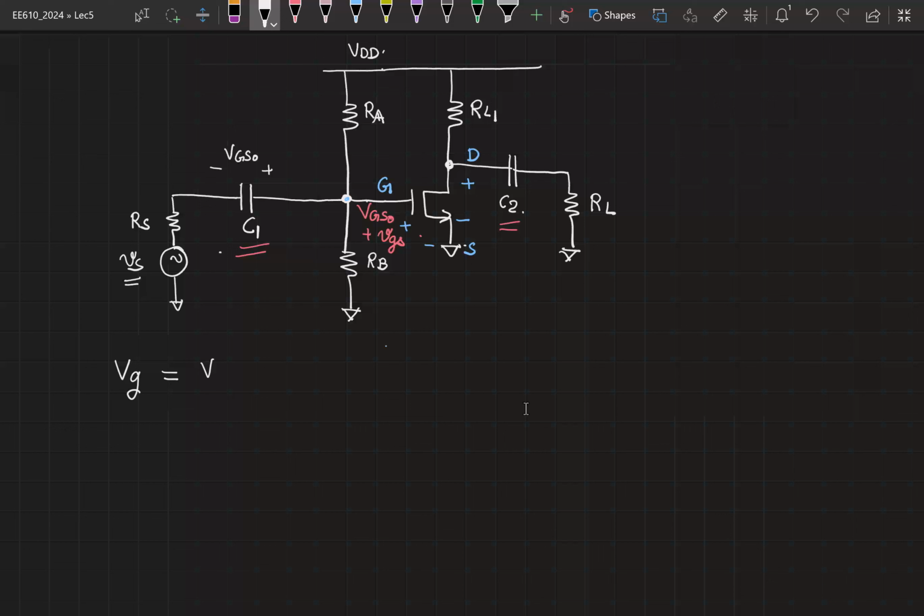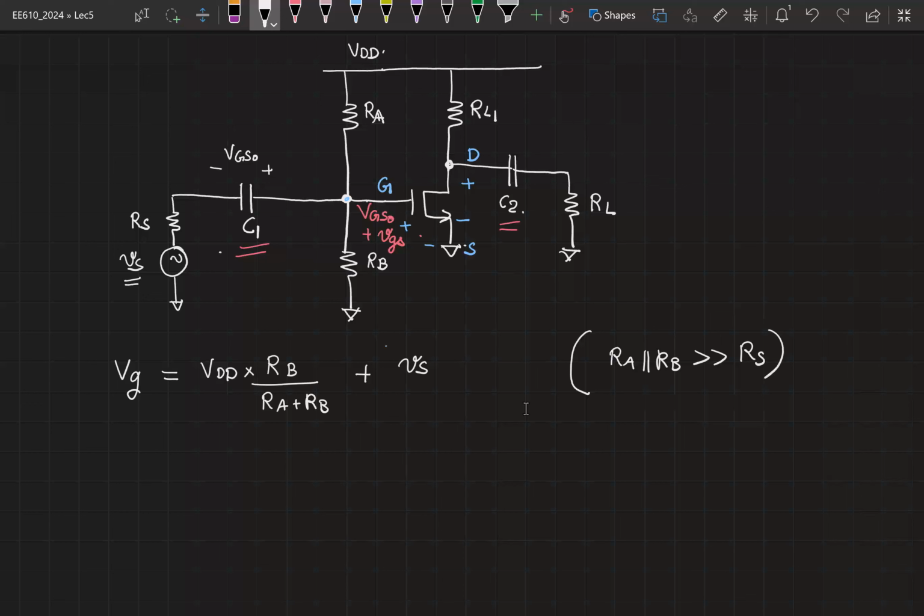VDD into RB divided by RA plus RB, plus VS. So if I make the assumption that RA parallel RB is much larger than RS, then I simply have VS here.